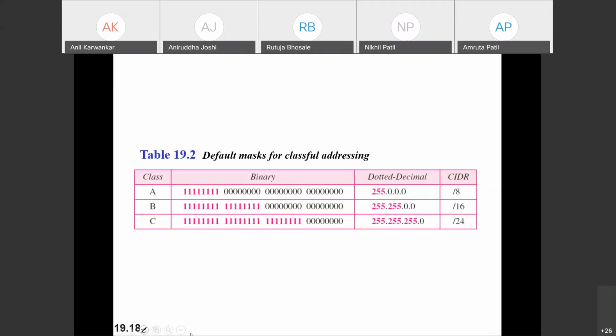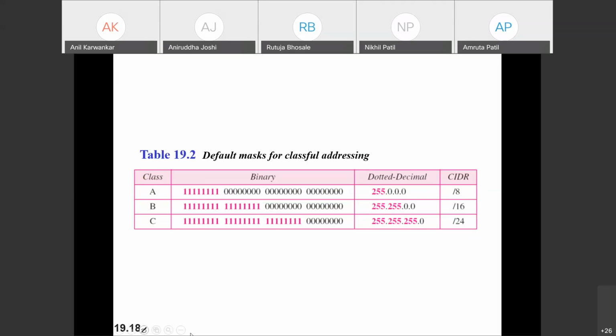with a specified subnet mask. So whenever we are representing class A, class B or class C, in the case of class A, the subnet mask supported for classless inter-domain routing, presented in dotted decimal format, is 255.0.0.0.